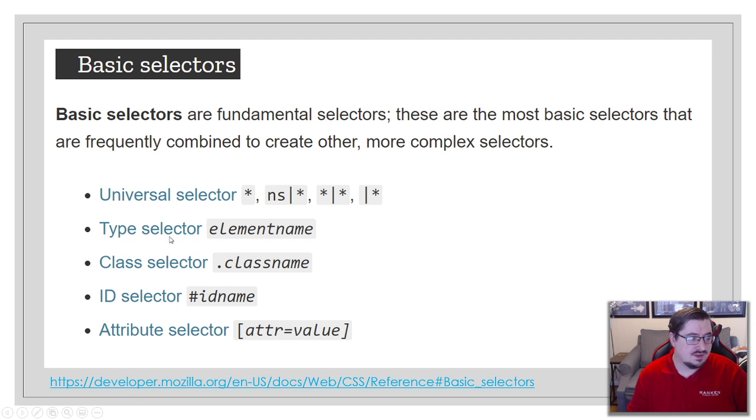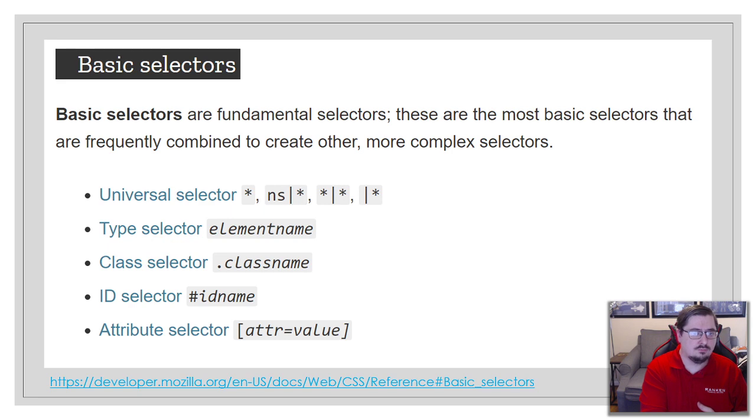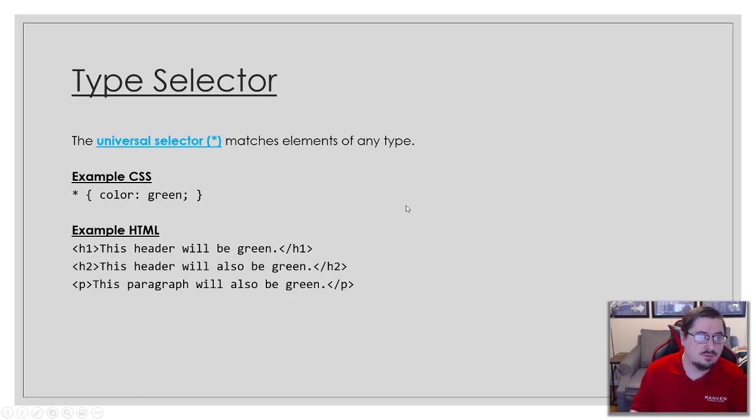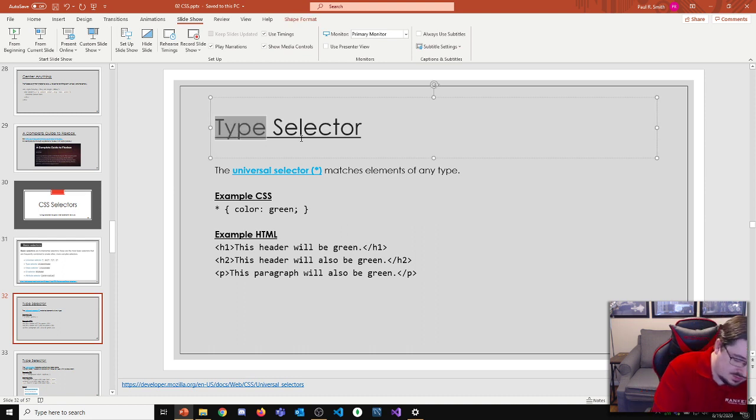The next thing you'll see is the type selector. My slide name is wrong. This should be the universal selector.